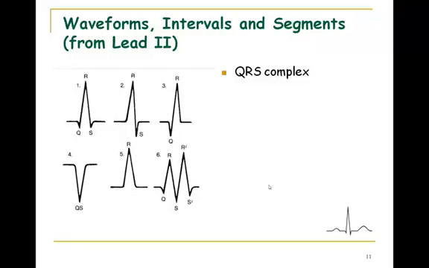So that's an important thing to remember. You need to remember what the normal duration is. If it's longer than normal, somehow we've got a delay in conduction through the ventricles. One of the things that could cause it is a problem with the bundle branches or the Purkinje system.